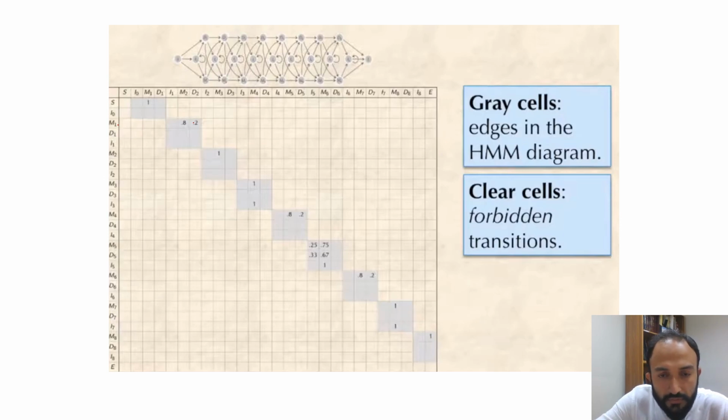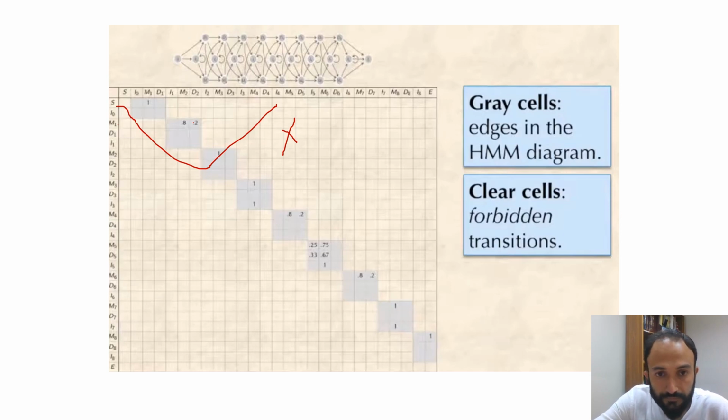The gray cells can be used for moving from one site, whether that is start, insertion site, match site, or deletion site, to the next site. The rest of the clear cells are the forbidden cells. As I showed you previously, you cannot directly jump from the S site to this site, so this is not allowed in the HMM profile.